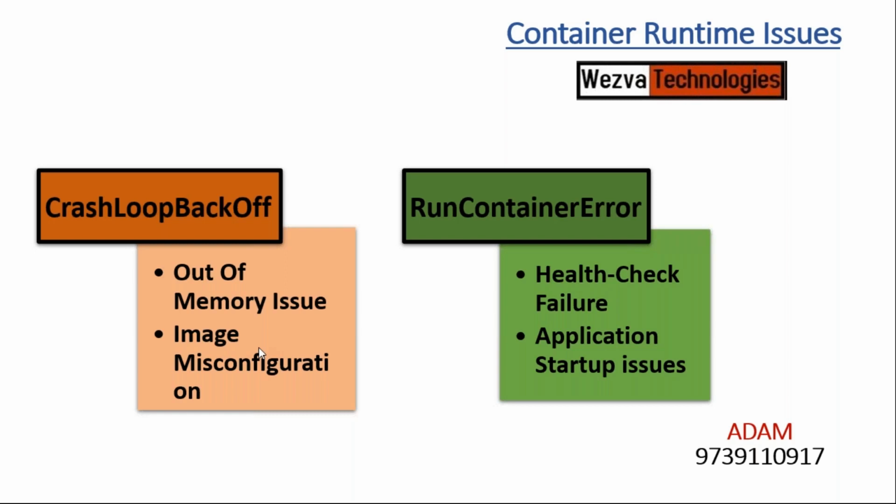In those cases you will get an out of memory issue, and whenever you get it, the container will get stopped. As soon as the container gets stopped, because of the restart policy the pod will try to recreate the container. Every time it recreates, there is not enough memory, so the container fails. Immediately again the container gets recreated, and that's where you go through a loop.